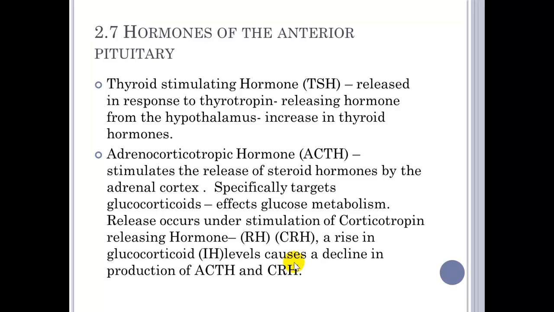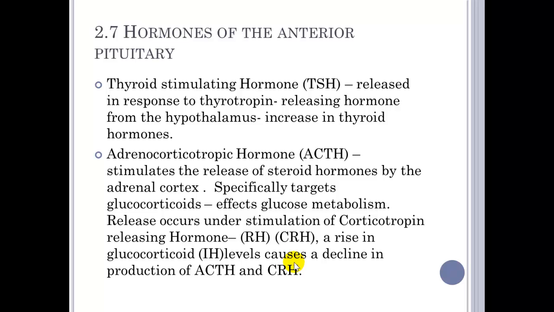Hormones of the anterior pituitary. Thyroid stimulating hormone is released in response to thyrotropin releasing hormone from the hypothalamus, and it brings about an increase in thyroid hormones. And you have adrenocorticotropic hormone, or ACTH, which stimulates the release of steroid hormones by the adrenal cortex, and this is the adrenal gland. It specifically targets glucocorticoids, which affect glucose metabolism.